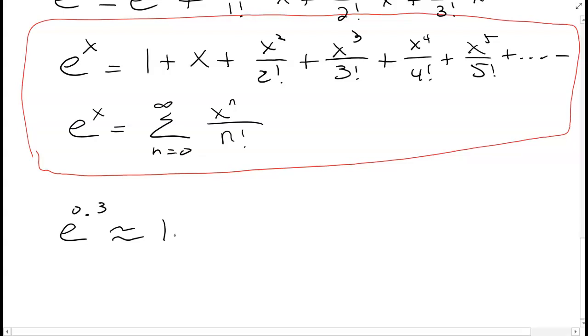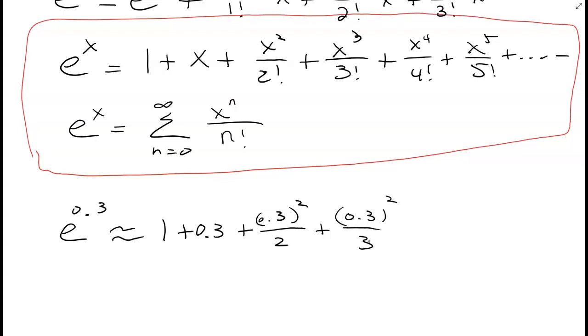I can say that's going to be 1 plus 0.3 plus 0.3 squared over 2 plus 0.3 cubed over 3 factorial. We have to stop at some point, right?